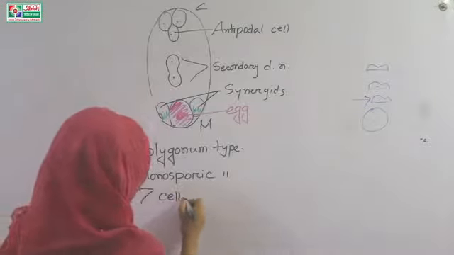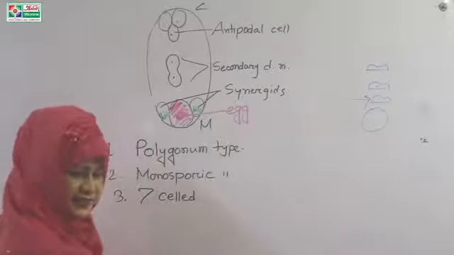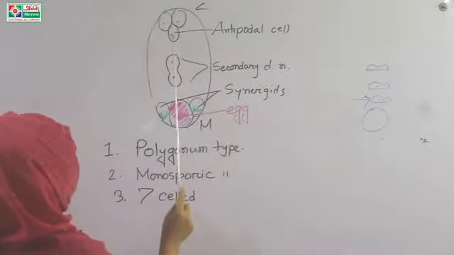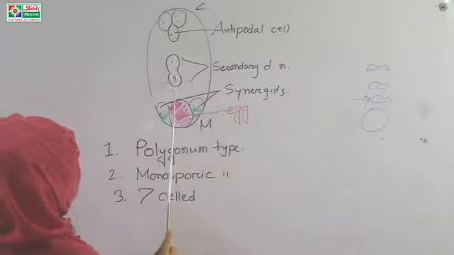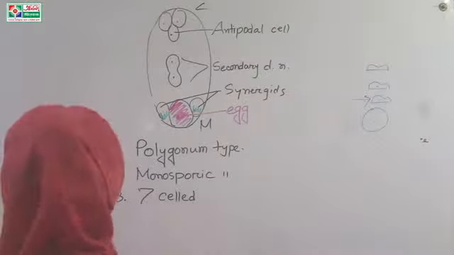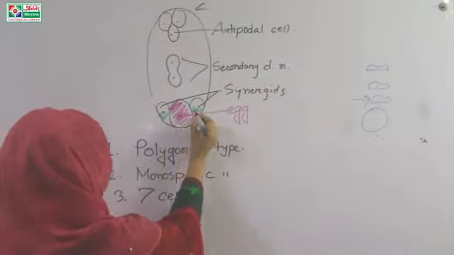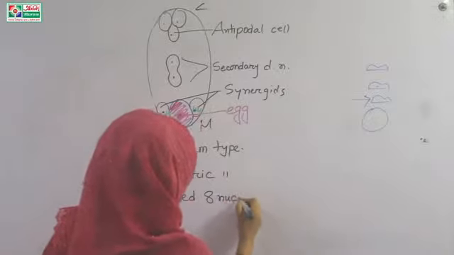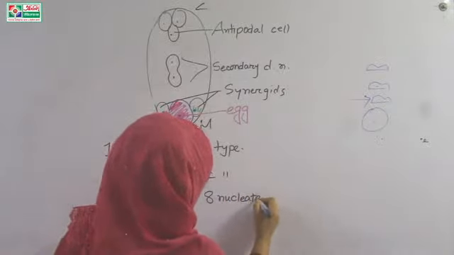And the number of nuclei? 1, 2, 3, 4, 5, 6, 7 and 8. Seven celled, eight nucleated structure.